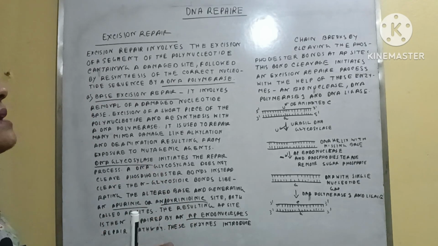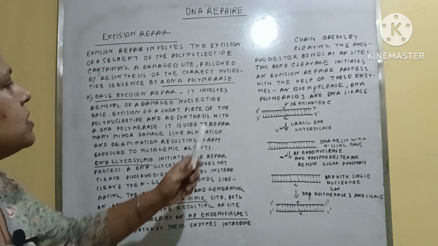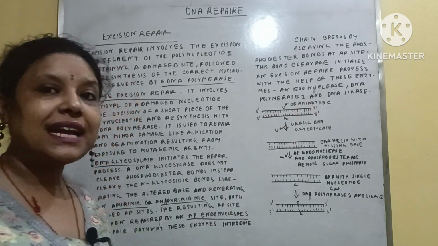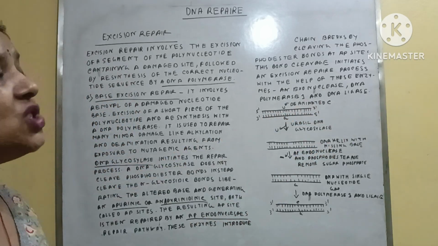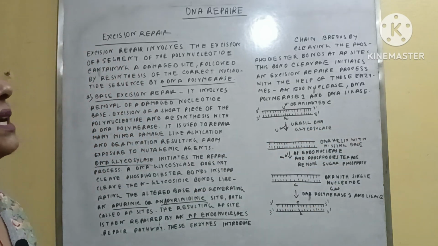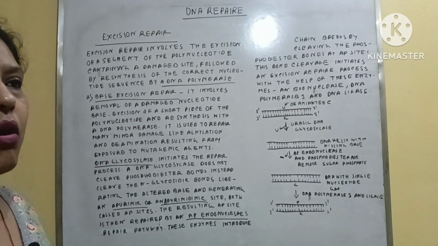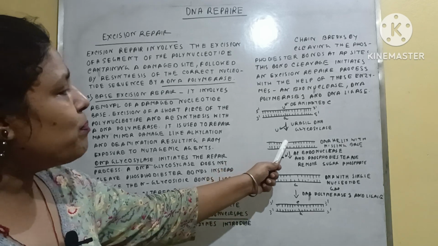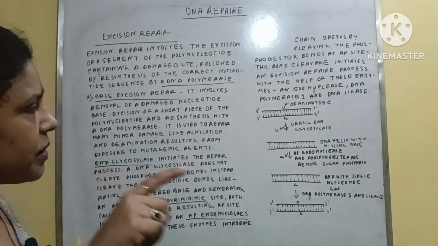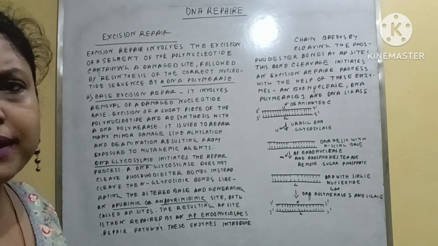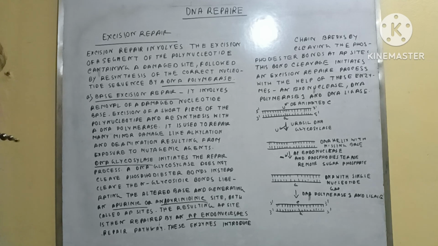Why are three enzymes needed? DNA polymerase 1 and exonuclease help to extend the chain, and DNA ligase helps to join the nucleotide bond at the proper site of the DNA helix. Ligase acts like an adhesive enzyme.